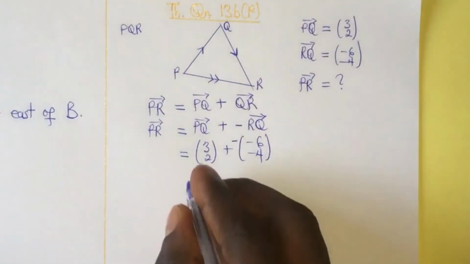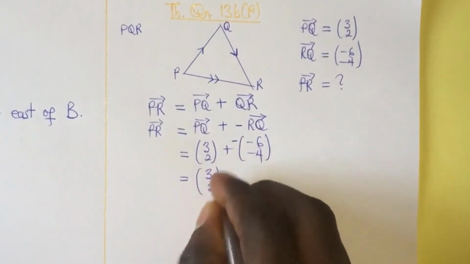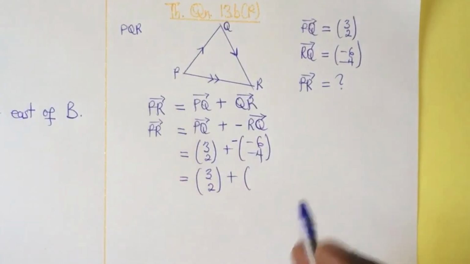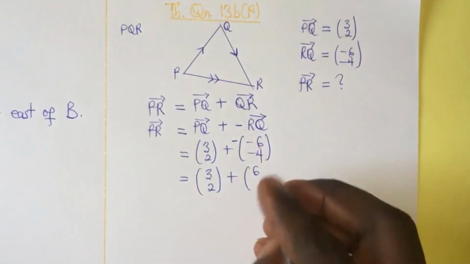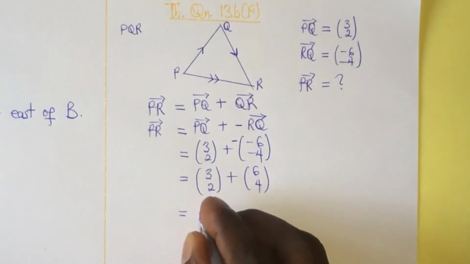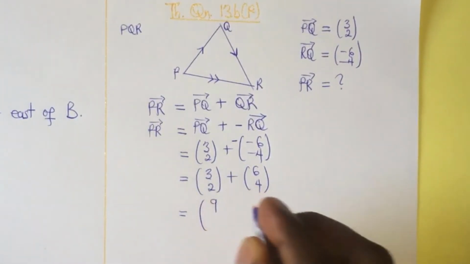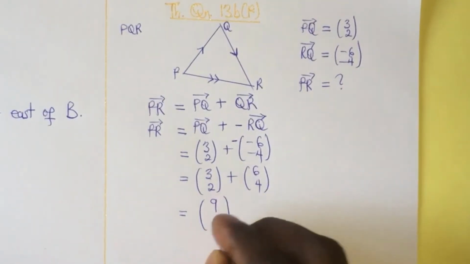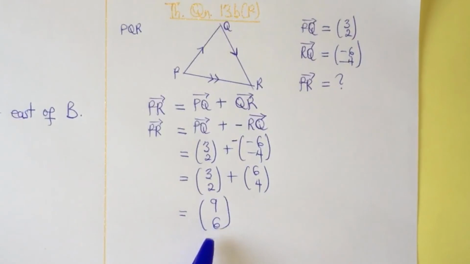So we bring our negative there. 3, 2 plus negative times negative, negative times negative is positive, so we have 6, 4. Then we do the addition. 3 plus 6 is 9, and 4 plus 2 is 6. So now our vector PR is 9, 6.